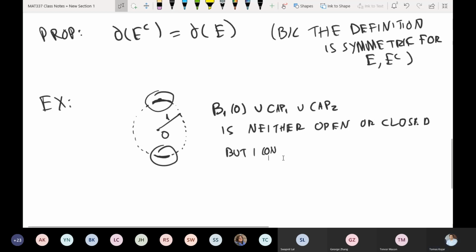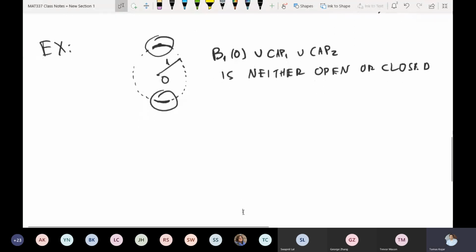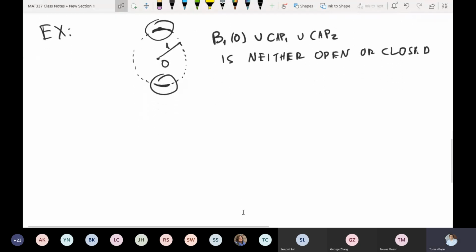But on R, yes, that is true, and I'll leave that as an exercise.